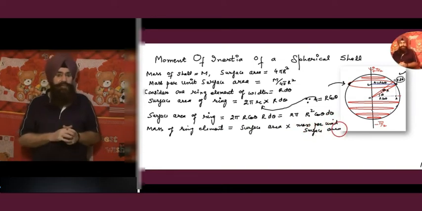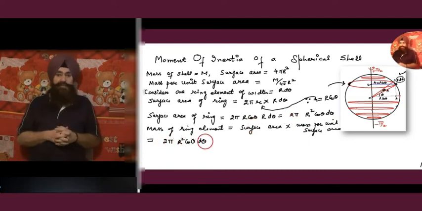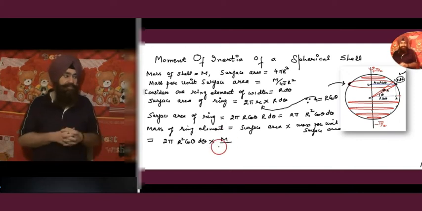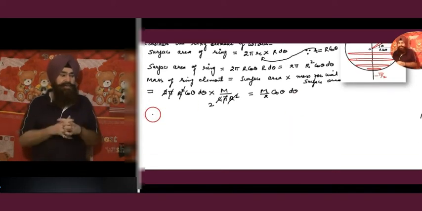Now we are finding the mass of the ring. The mass of the ring is the mass per unit surface area multiplied by the surface area of the elemental ring. So just substituting the values, this is the mass of one ring element.